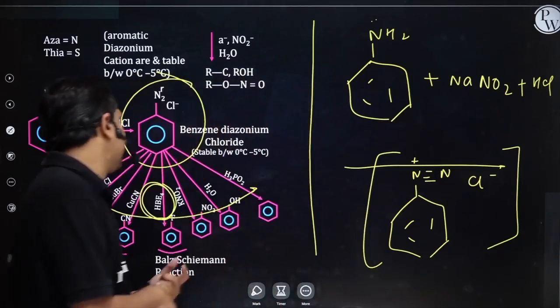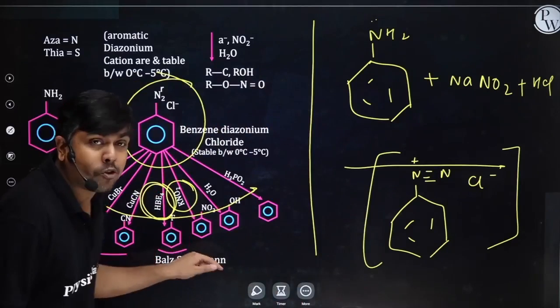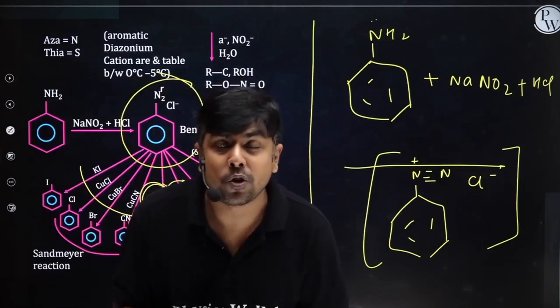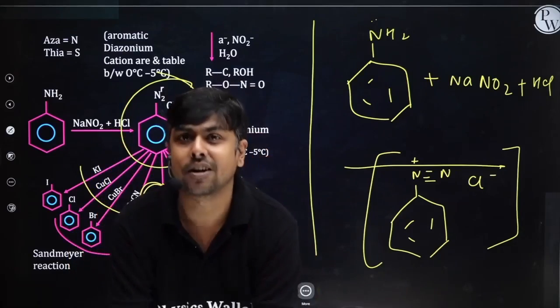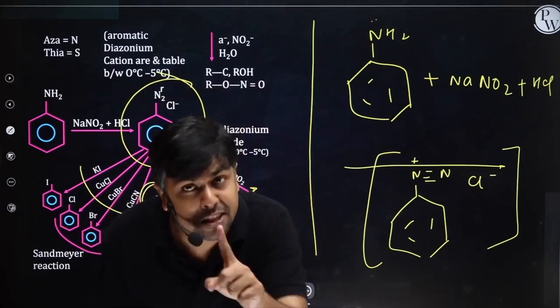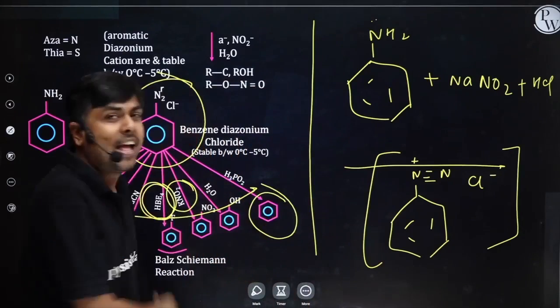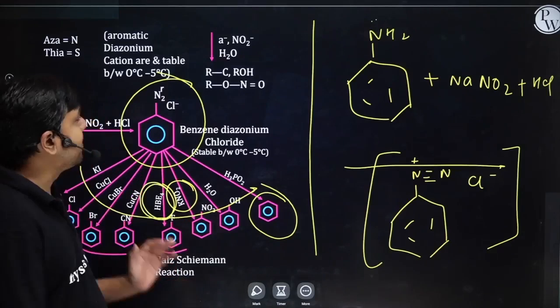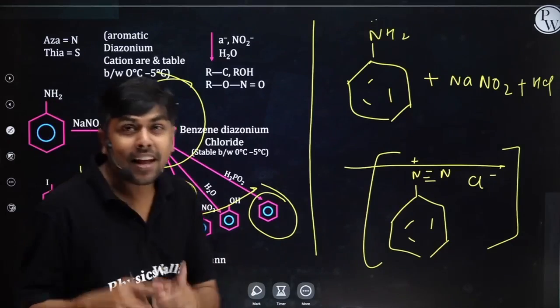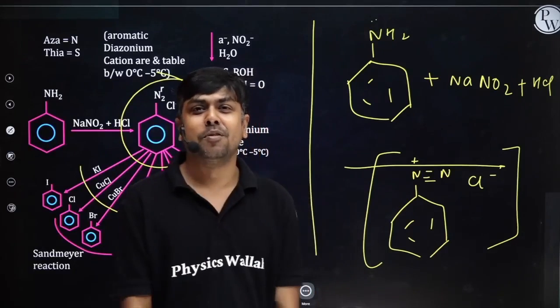If it's treated with KNO2, I will have the formation of nitrobenzene. If diazonium chloride is treated with boiling water, I will have the formation of phenol. If it's treated with H3PO2, I will have the formation of benzene. Am I clear? So I hope this Sandmeyer reaction is crystal clear to you all. Shall we move ahead? Let's move ahead.